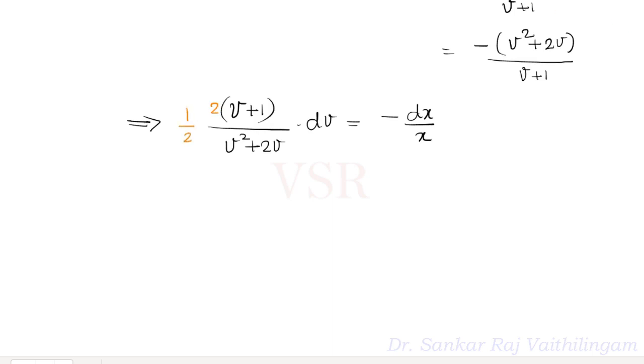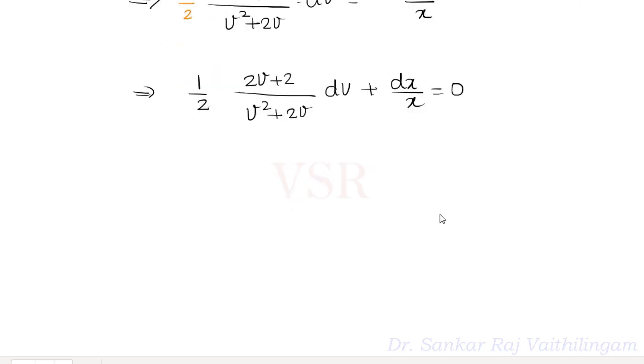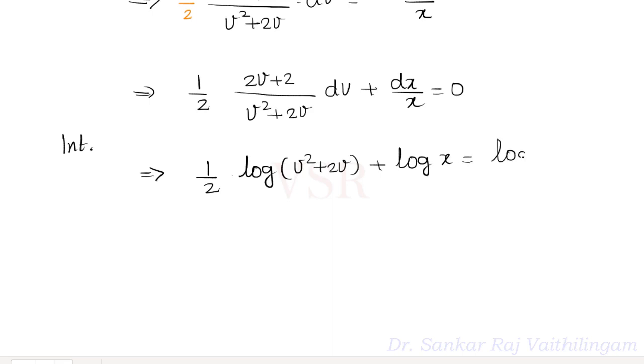Then this implies 1/2 times 2v plus 2 divided by v square plus 2v into dv plus dx by x equals 0. Integrating, we will have 1/2 times log of v square plus 2v plus log x, which is equal to, I call this, log c or constant.